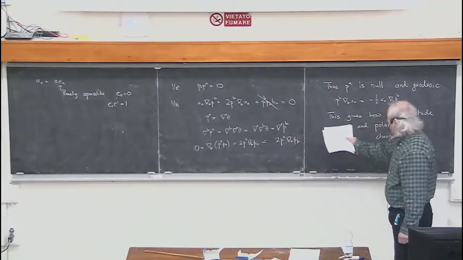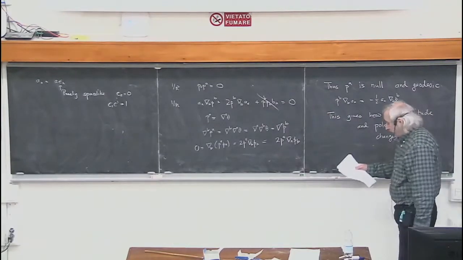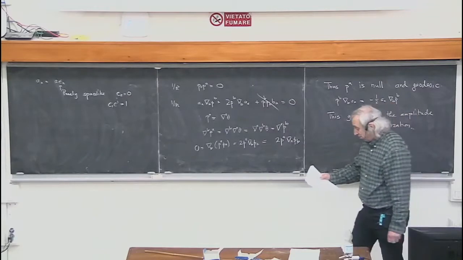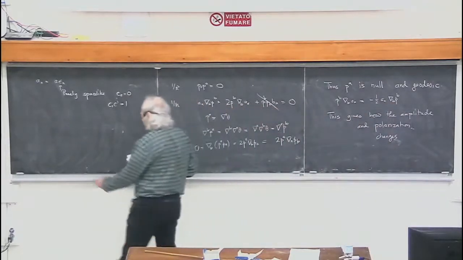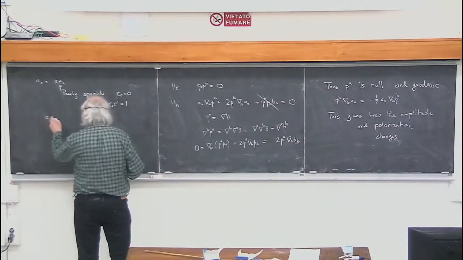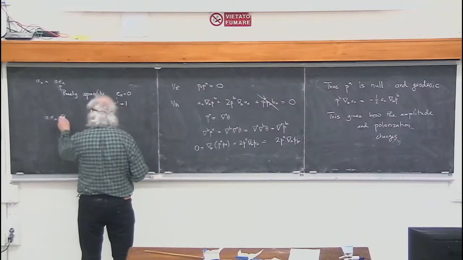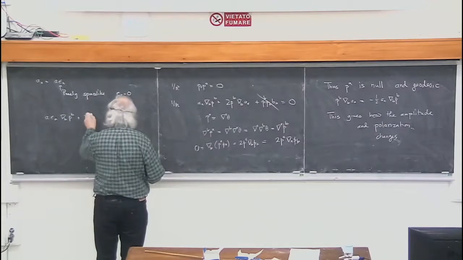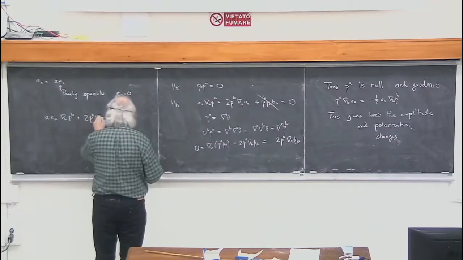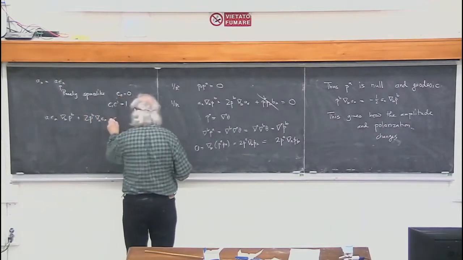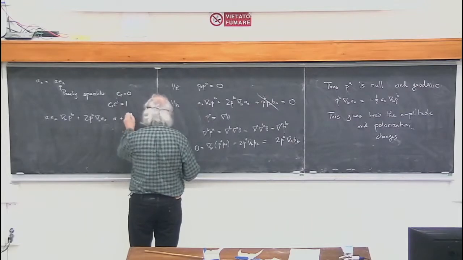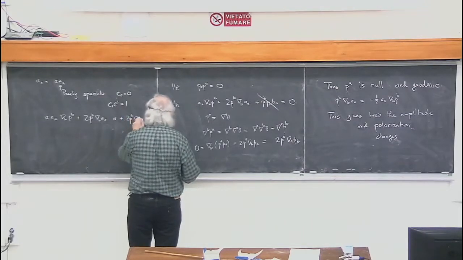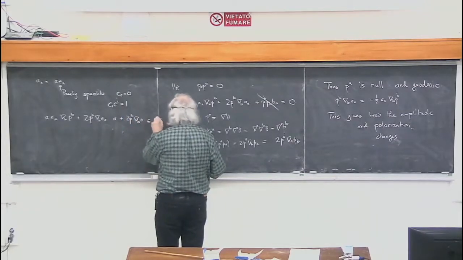Now what does this equation tell us here? If you substitute in, you will get A ε^A ∇_B P^B plus 2 P^B ∇_B ε^A times A plus 2 P^B ∇_B of A times ε^A equals 0.